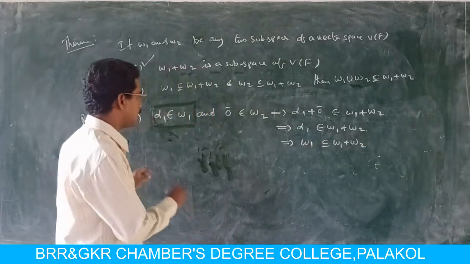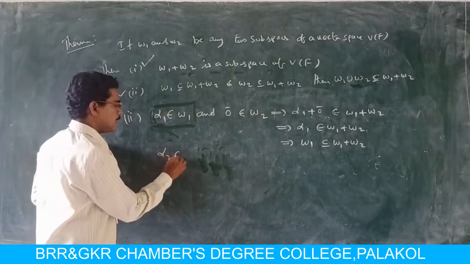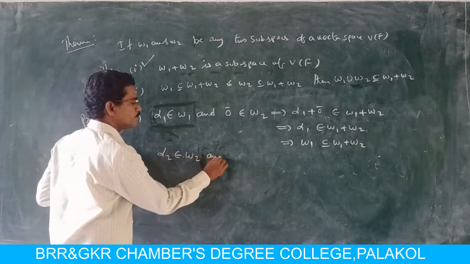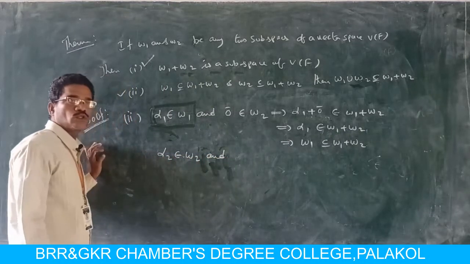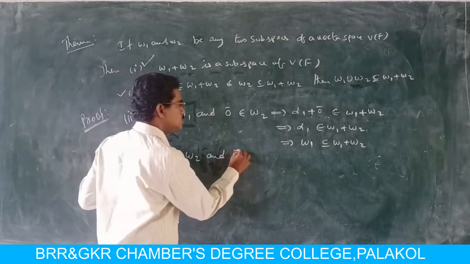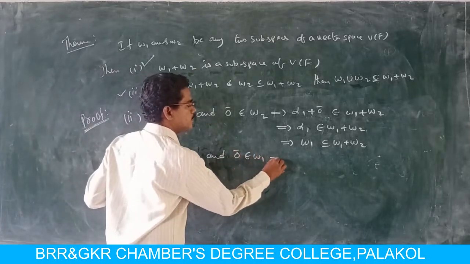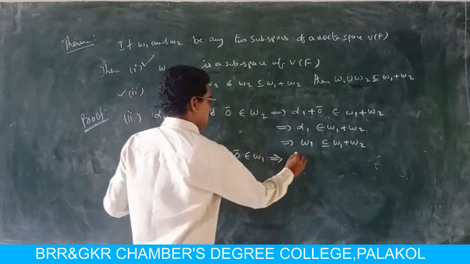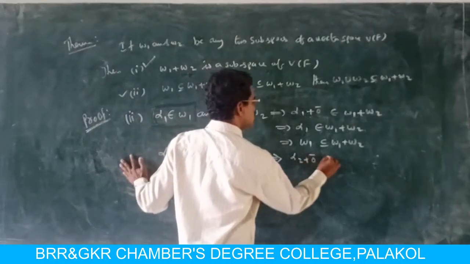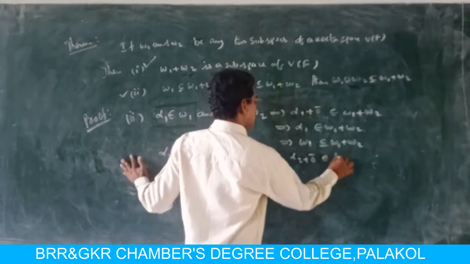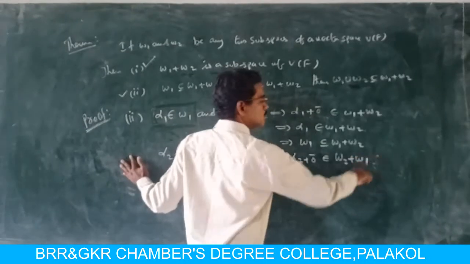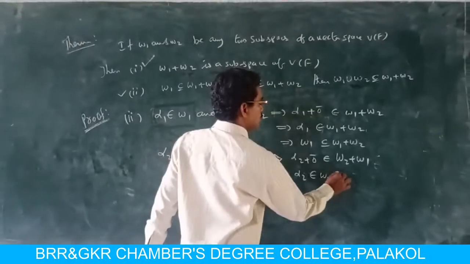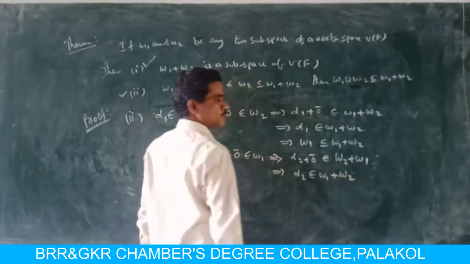Similarly, alpha 2 belongs to W2 and 0 bar belongs to W1. 0 bar belongs to W1 implies alpha 2 plus 0 bar belongs to W2 plus W1, implies alpha 2 belongs to W1 plus W2.